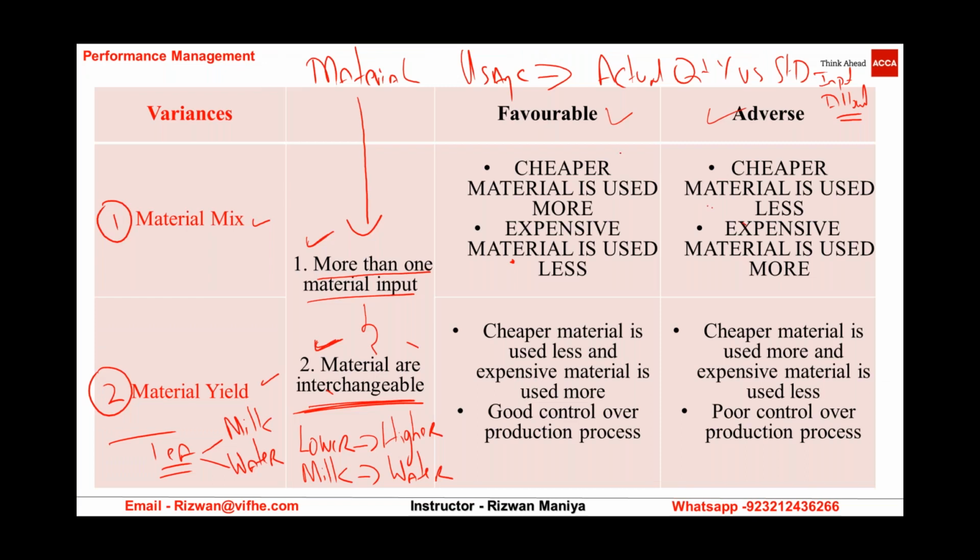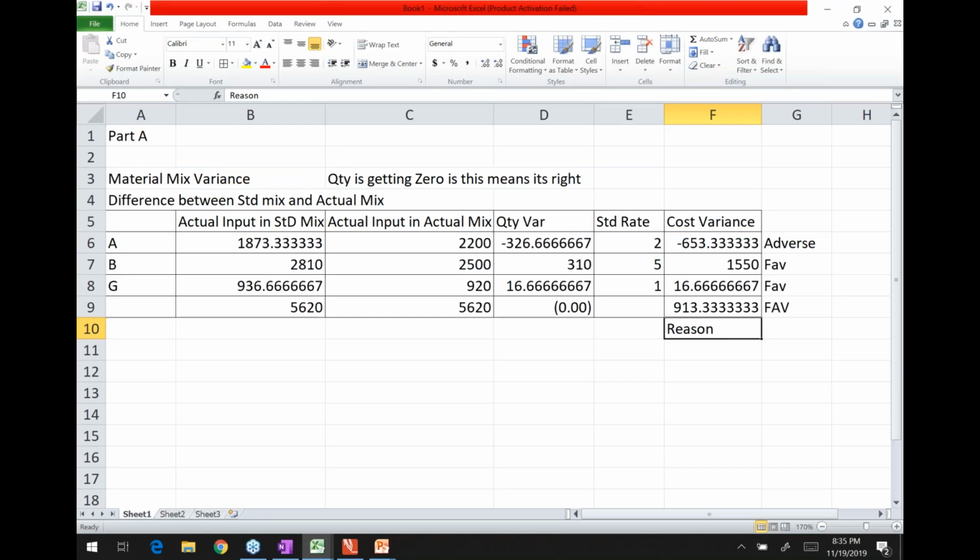When the mix variance is favorable, it means cheaper material has been used more and expensive material has been used less. So keep this in your mind. Cheaper material used more and expensive material used less. So let's have a look here quickly.